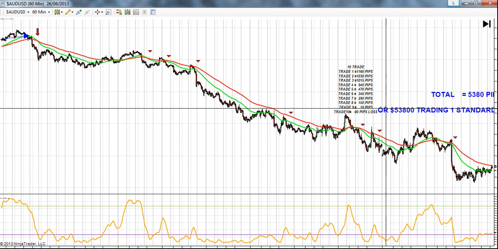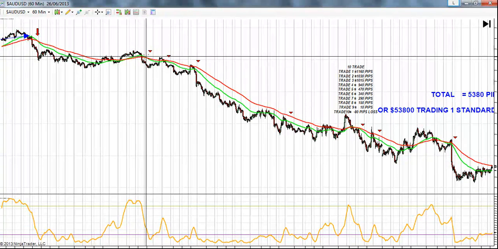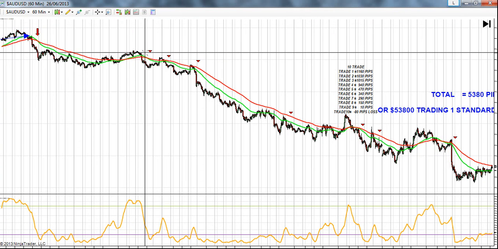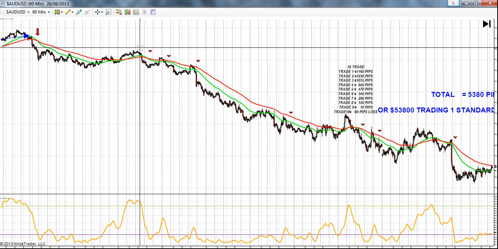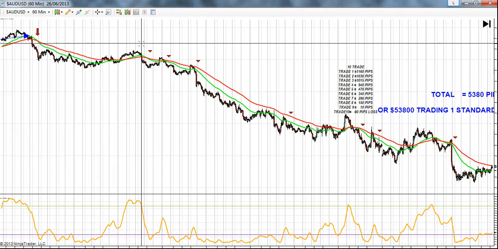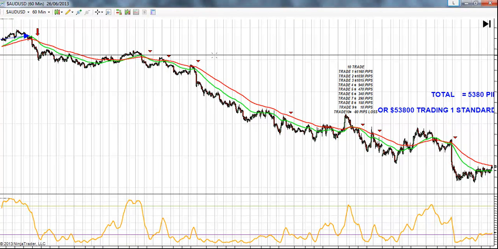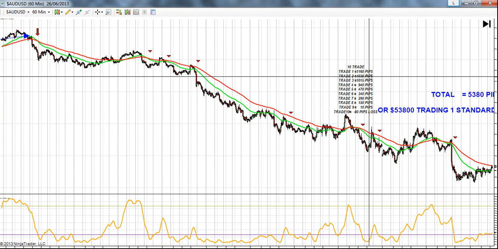Now trade 1, as it progresses down, we would use certain stop management tactics or strategies that you'll learn in the course to start locking in your profits as it comes down. But you then get to trade 2, which is 1,030 pips, so around $10,000.